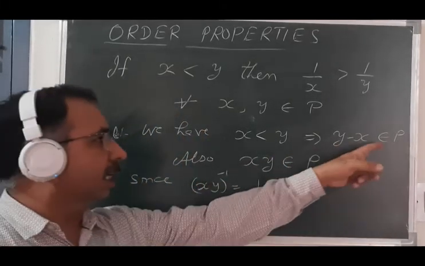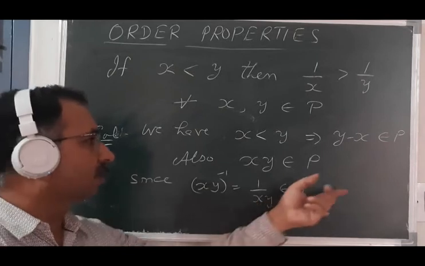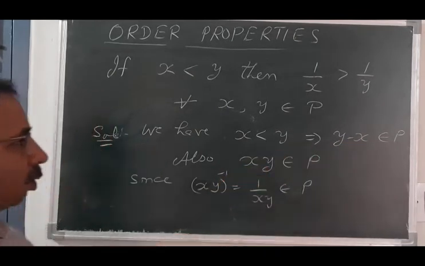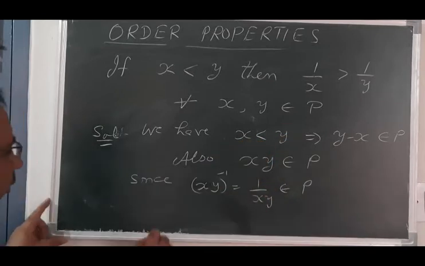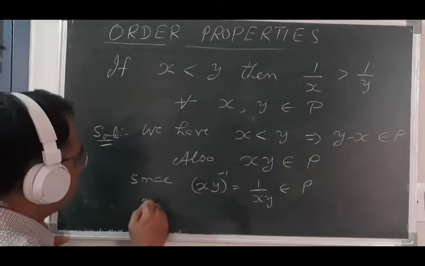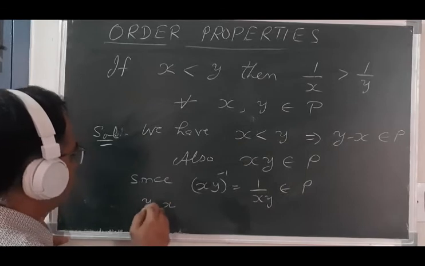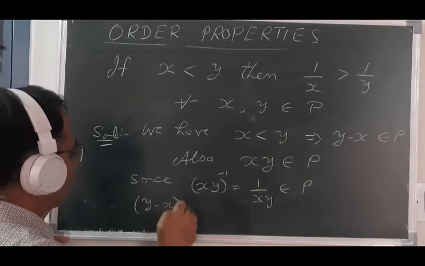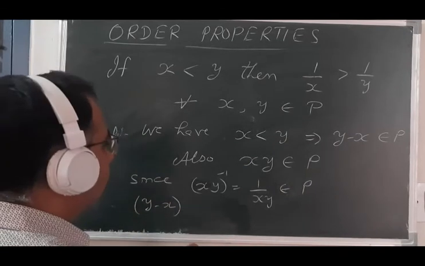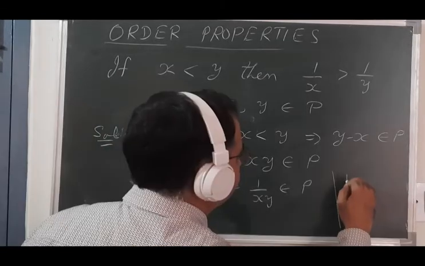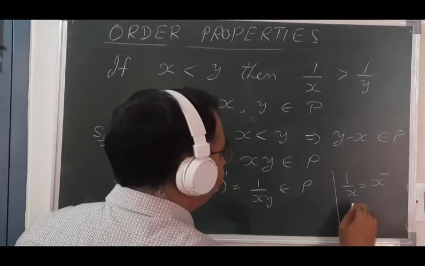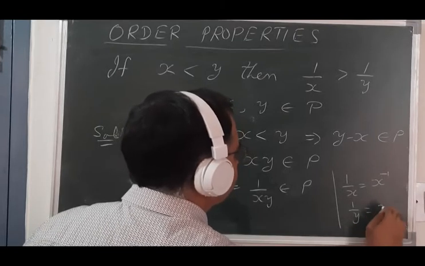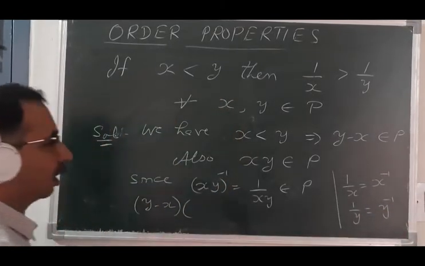Now y minus x is in P, 1 over xy is in P. So due to closure property of multiplication, their product is in P. So we get y minus x times, notice that 1 over x is same thing as x inverse, and 1 over y is y inverse.